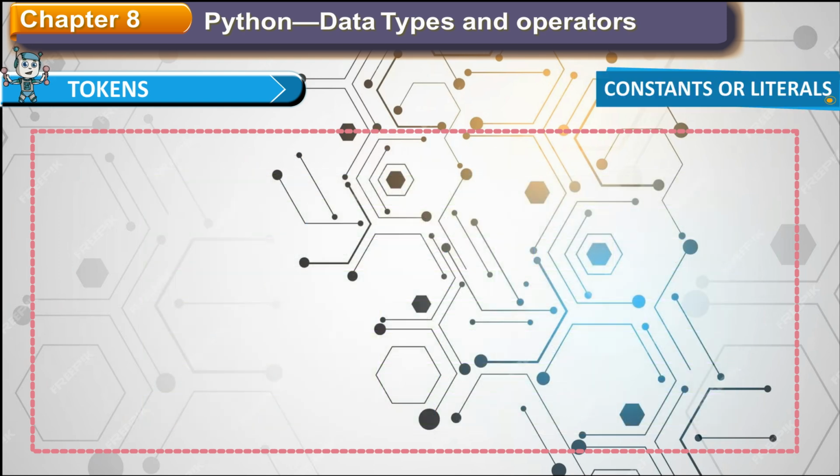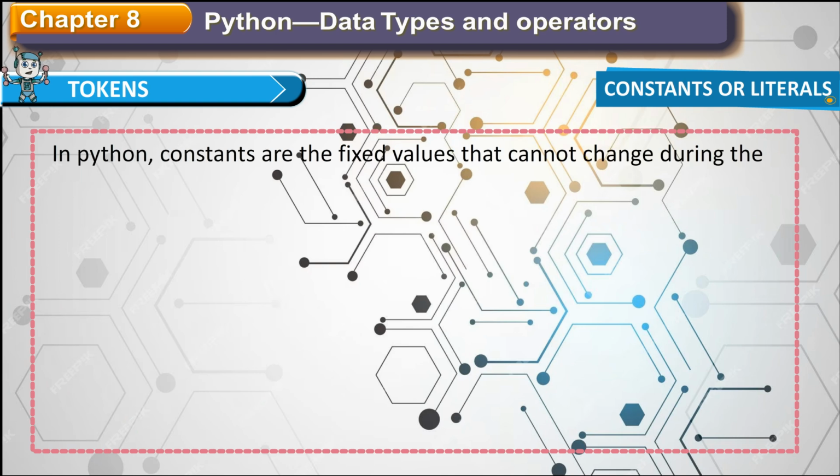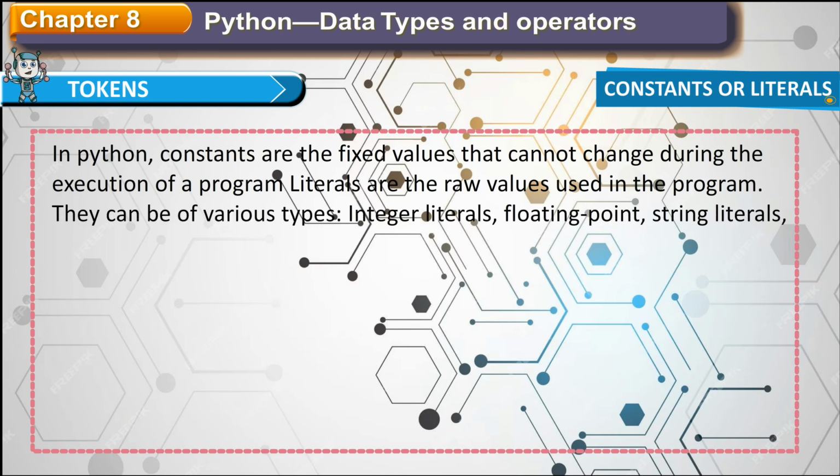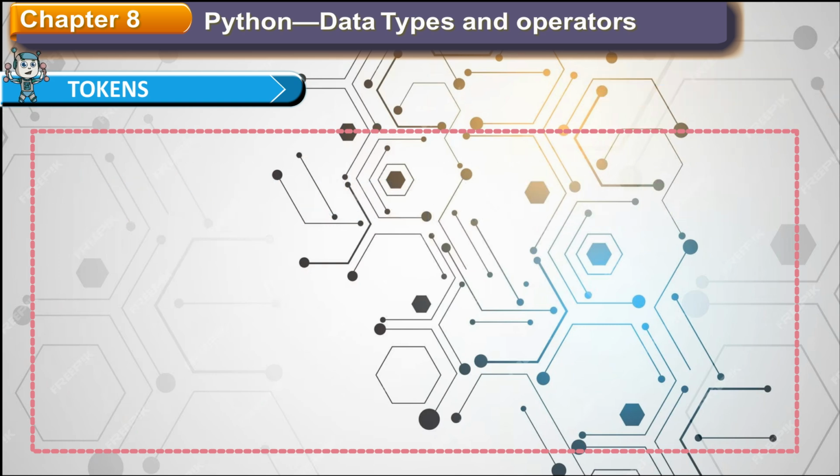Constants or literals. In Python, constants are the fixed values that cannot change during the execution of a program. Literals are the raw values used in the program. They can be of various types: integer literals, floating point, string literals, Boolean literals, etc. Punctuators.